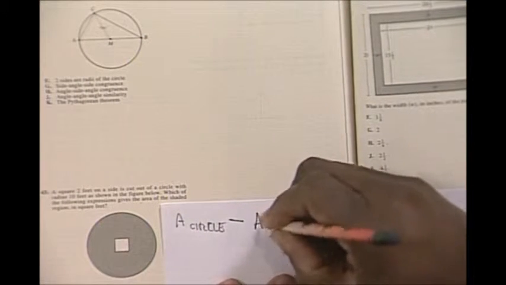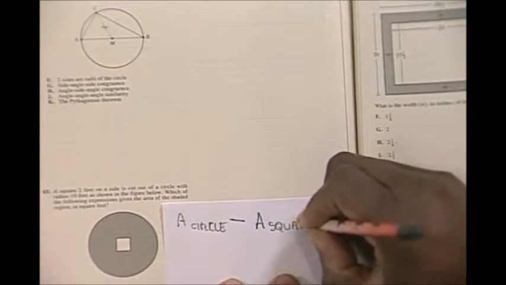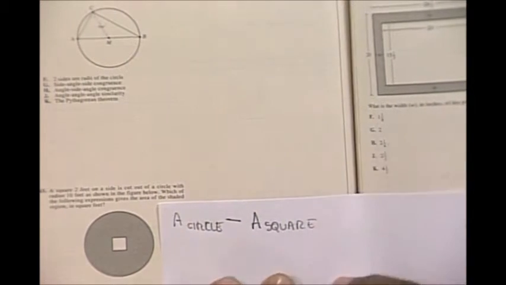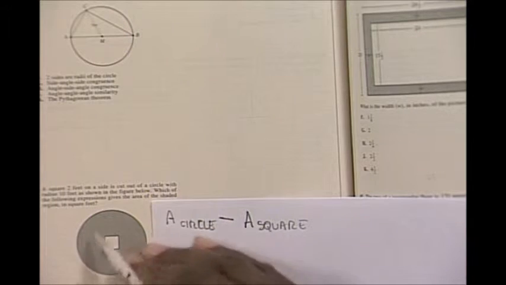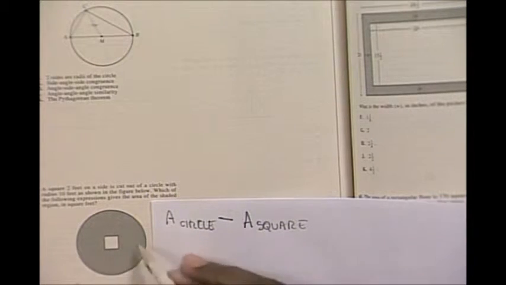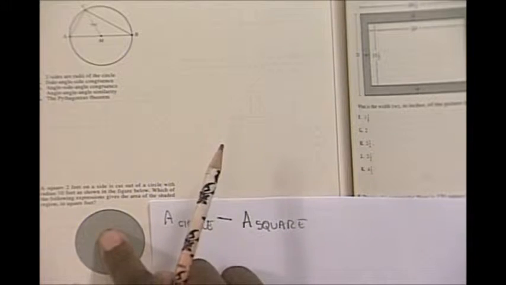You're subtracting out the area of a square. Okay? So I hope that makes sense. How are you going to find the area of the shaded region, the area that's left over? Well, you're going to have to start with a circle that's filled.